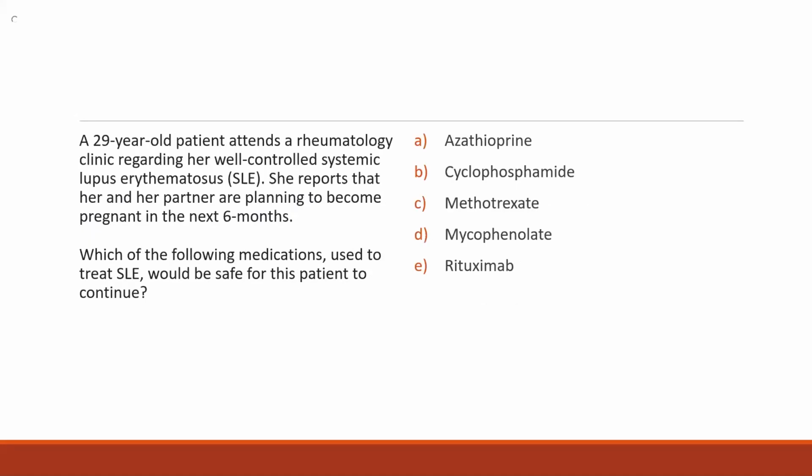So that's next. A 28-year-old with SLE that's well controlled. She reports that she and her partner are planning to become pregnant. So which of the following medications would be safe for this patient to continue? So these are DMARDs and biologics.